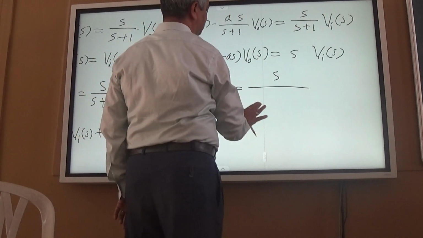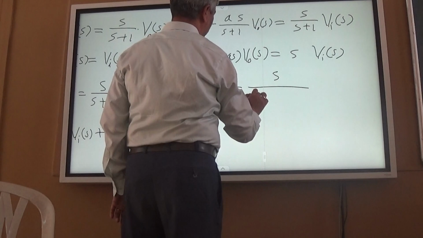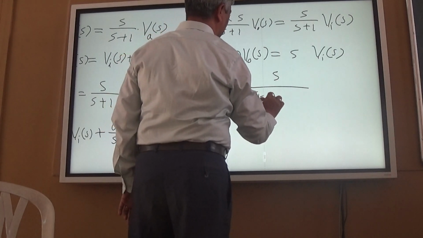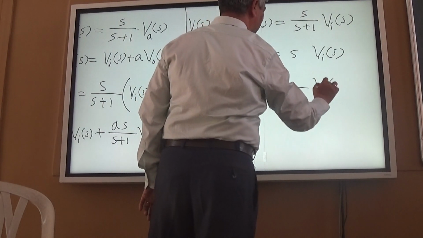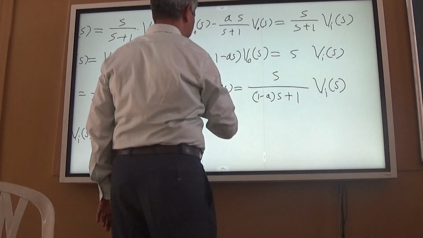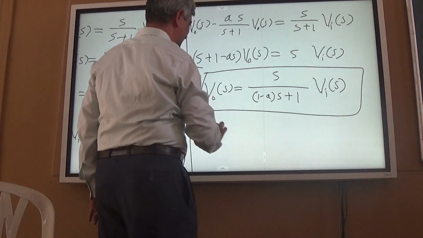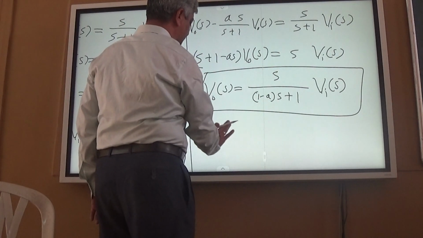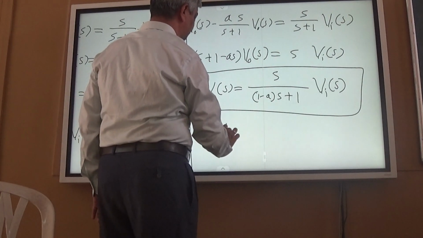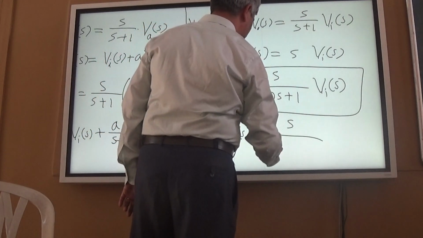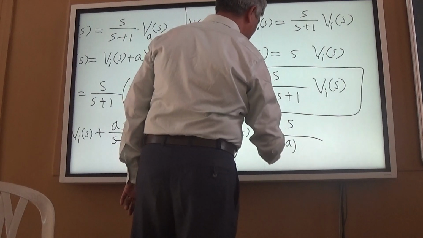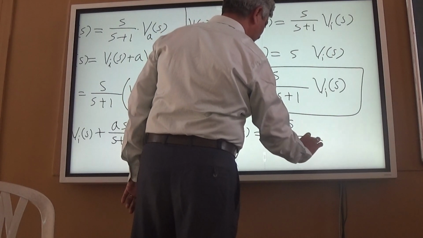We write as 1 minus A into S plus 1. So H(s), or the overall transfer function, is equal to S upon (1 minus A)S plus 1.